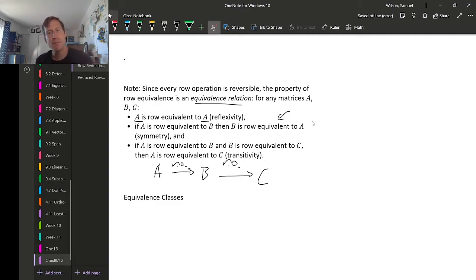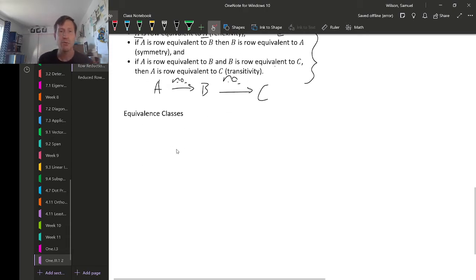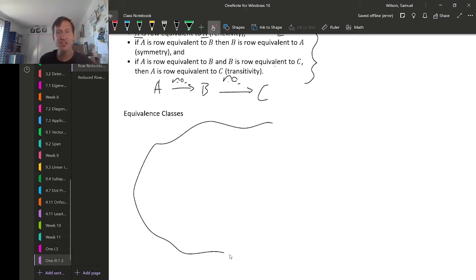So the reason that equivalence relationships, so relationships that have reflexivity, symmetry, and transitivity, are important is they break up everything into a collection of equivalence classes. So, right, if this is the collection of all matrices, some matrices are row equivalent to each other.